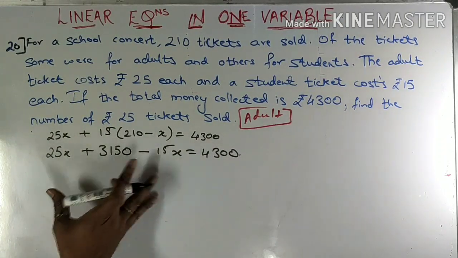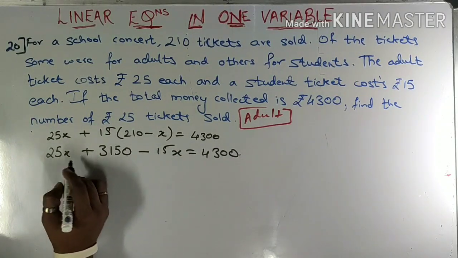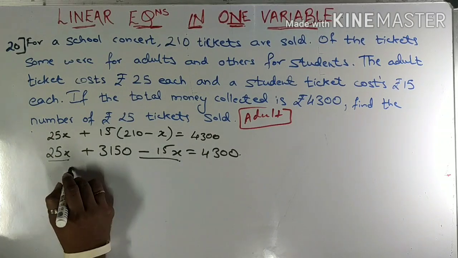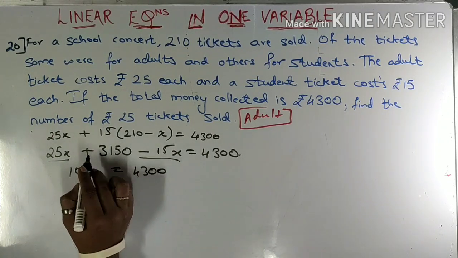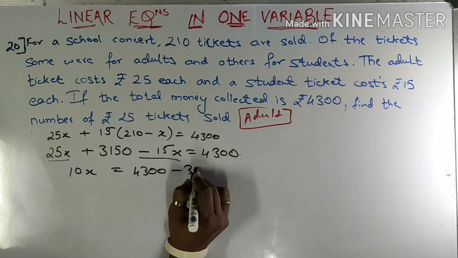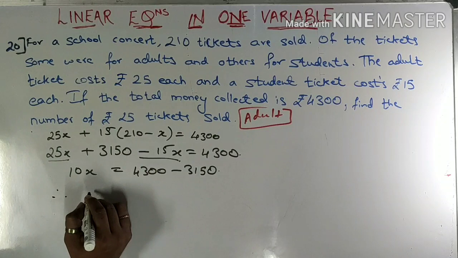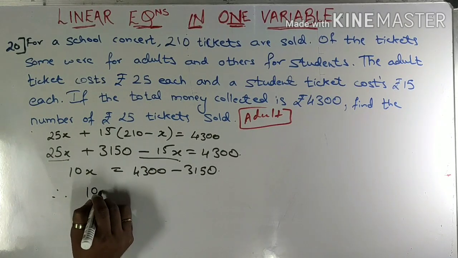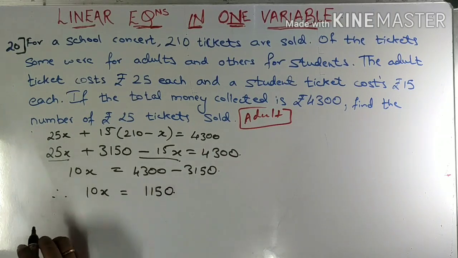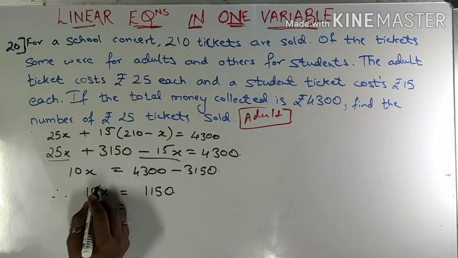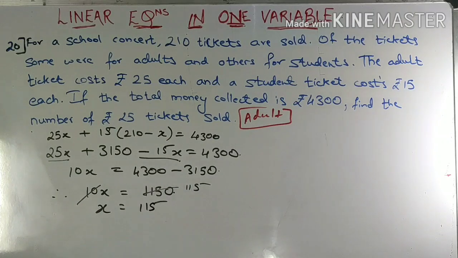Keeping x terms on one side and solving it here only, keeping the known terms on the other side. 25 minus 15 is 10x is equal to 4,300 minus 3,150. Therefore 10x is equal to 1,150, x is equal to 115.